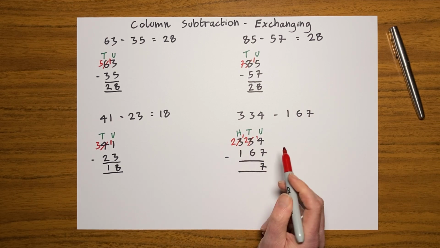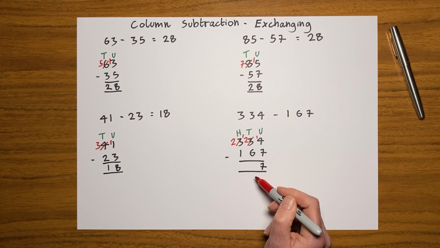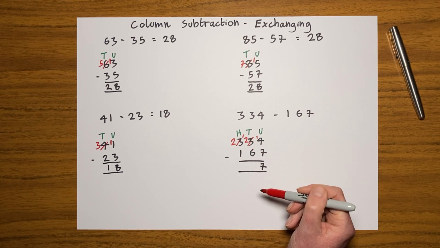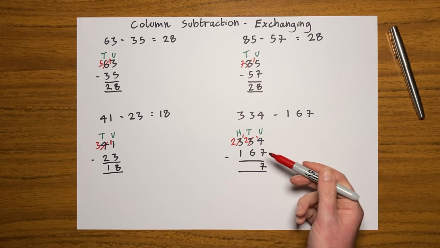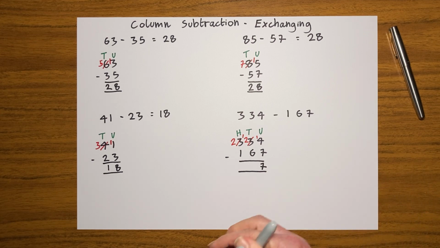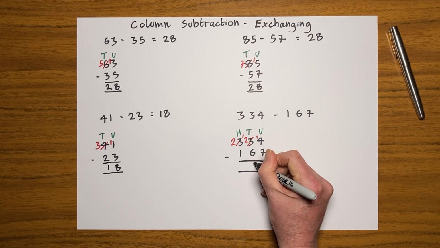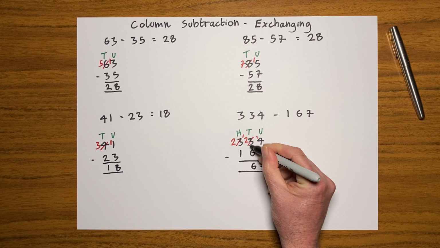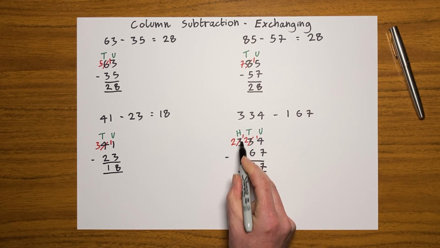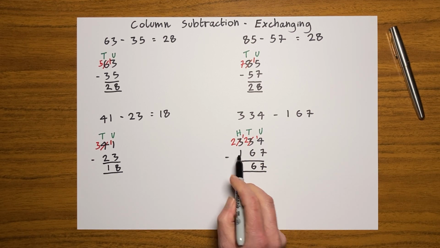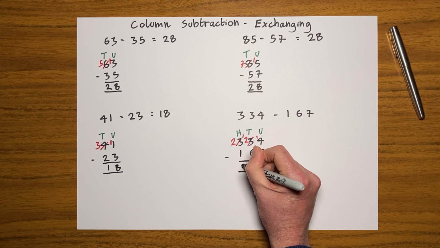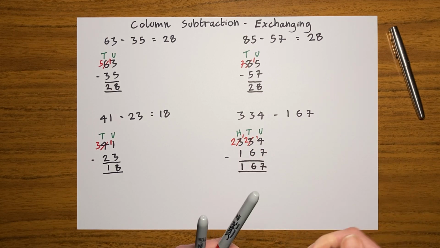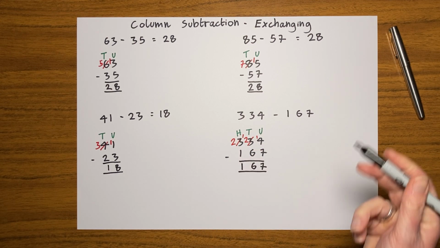And I can do 120 take away 60, or of course you can do 12 take away 6, you get the same answer. 120 take away 60 gives me 60. Or 12 take away 6 is 6. Move to this column, 200 take away 100 is 100. Okay, give me an answer of 167.